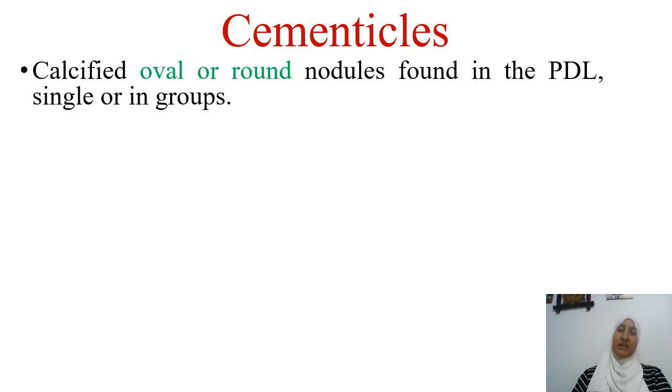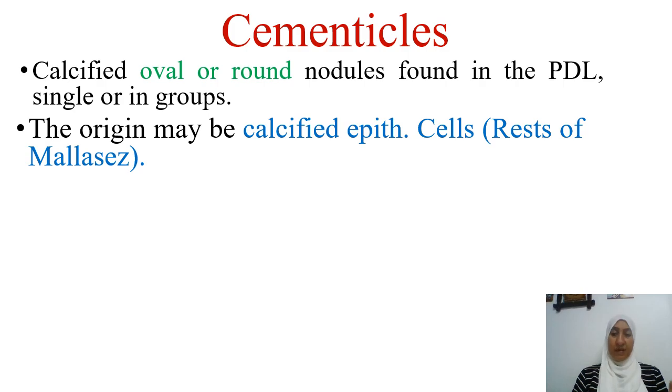We have also cementicles, as the case in pulp aging. We discussed this during pulp, that we have denticles or pulp stones which were true or false. Here in cementicles, we have only cementicles without any categorization being true or false, and these calcified tissues exist in the PDL near to the tooth structure, and these cementicles arise from the epithelial rest of Malassez that exists in the PDL could show calcification.